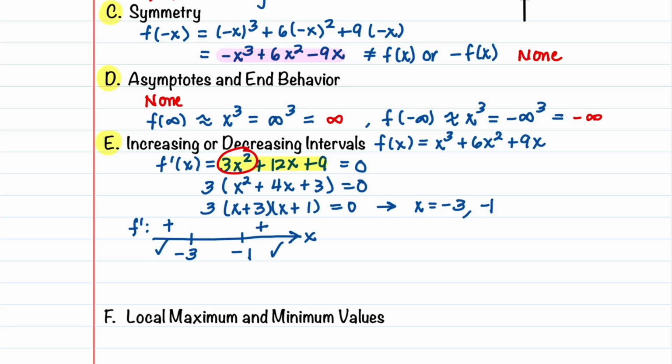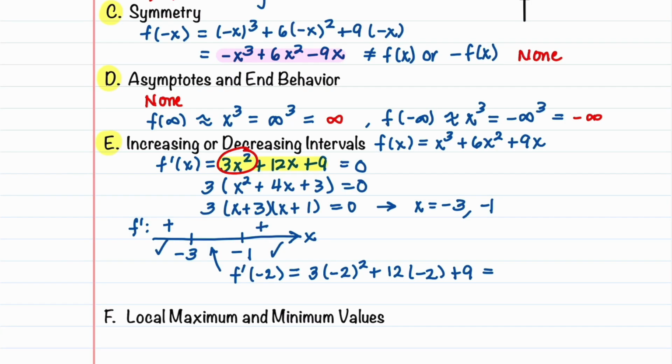Now what we need to do is pick a point in between minus 3 and minus 1. I'm going to choose minus 2, so we're going to calculate f prime at minus 2. Looking up at the yellow function, this is 3 times minus 2 squared plus 12 times minus 2 plus 9.